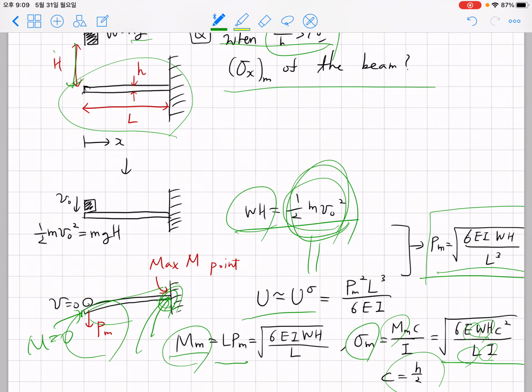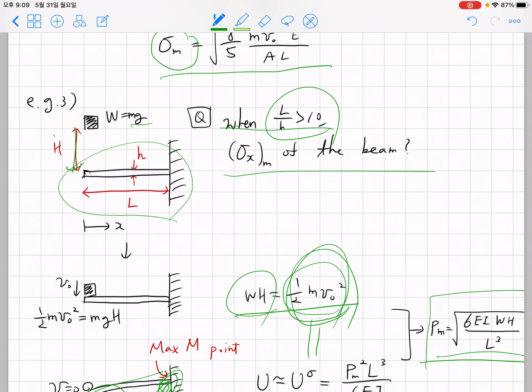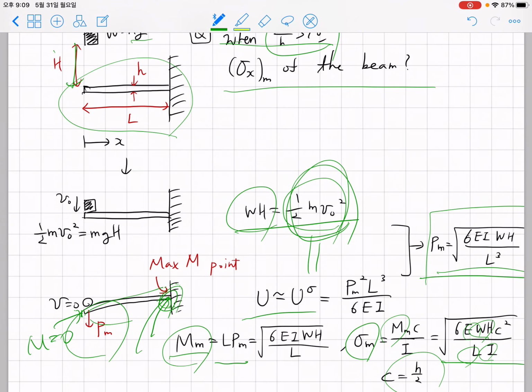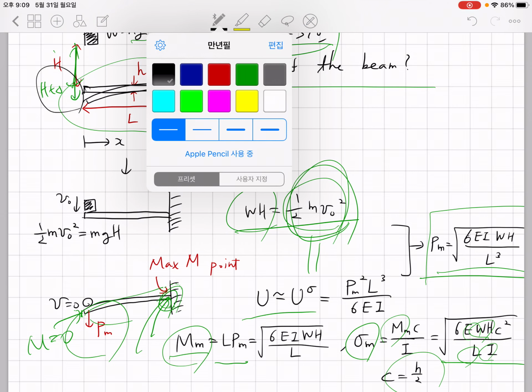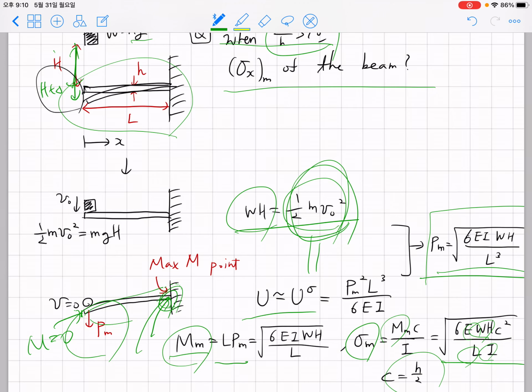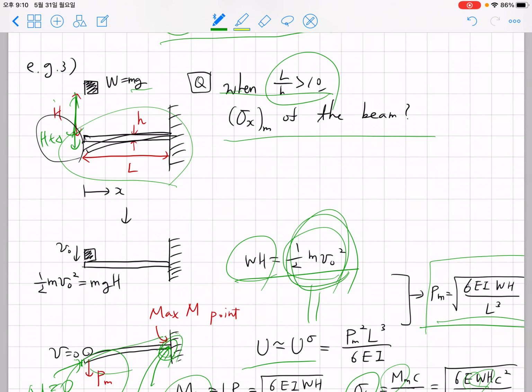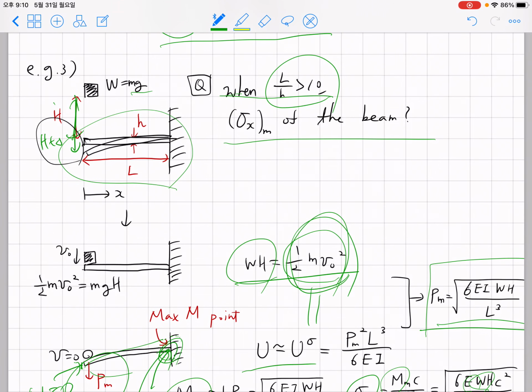Of course, if you want to make this problem really accurate, in addition to h, you have h plus delta, slightly more deflection. However, it depends on the problem. If this problem considers a really heavy weight mg, and if this mg is really large compared to the stiffness of this cantilever beam, you have to consider the contribution of delta.